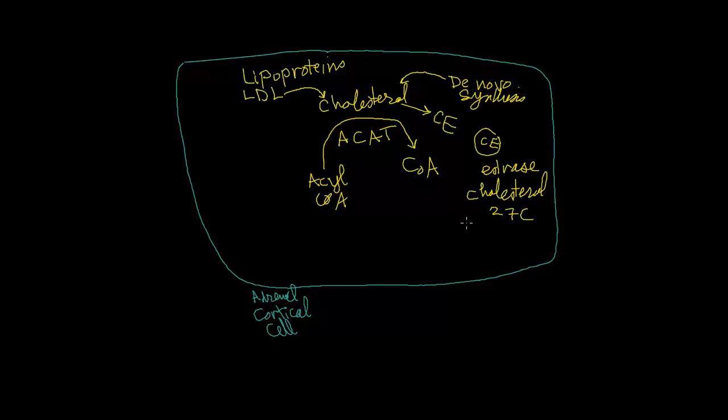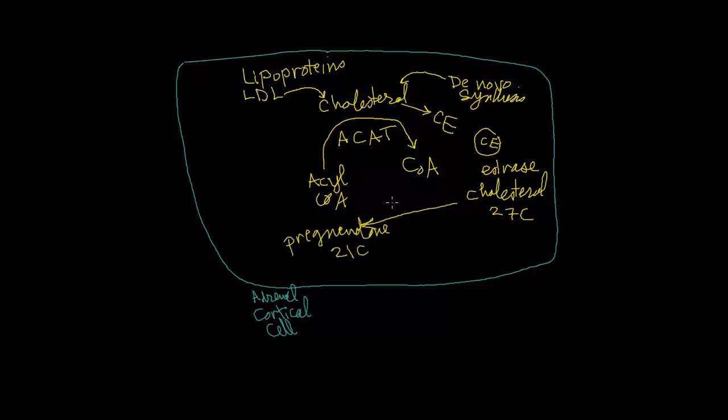The first step and the rate-limiting step is the irreversible cleavage of 6 carbons from the 27-carbon cholesterol, and this is from its side chain. So we'll end up with 21-carbon pregnenolone.